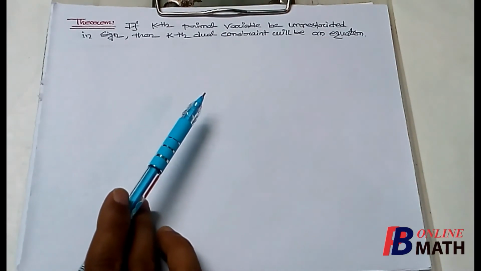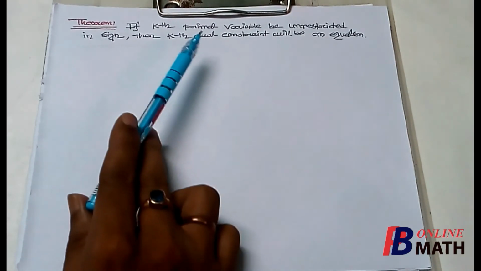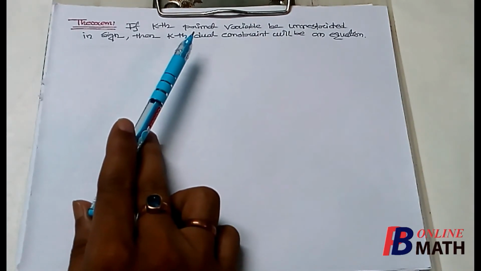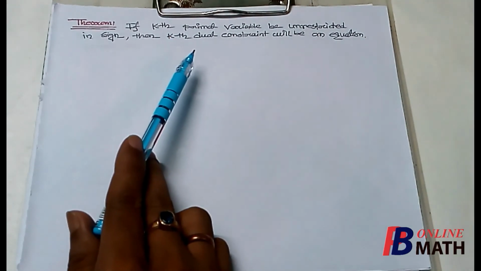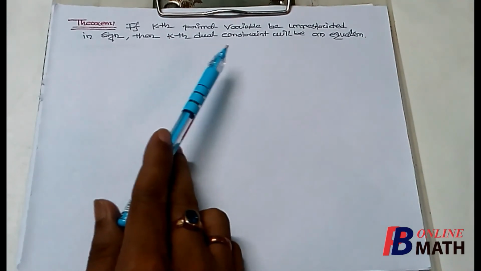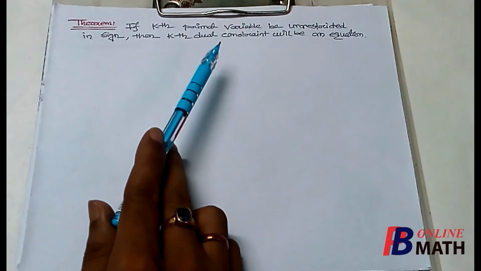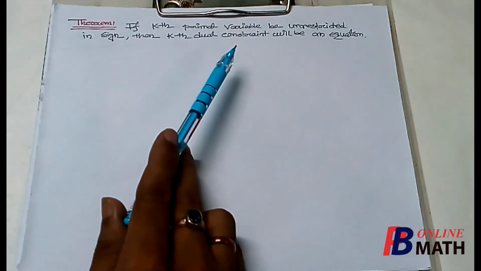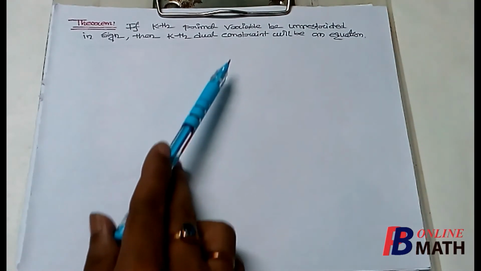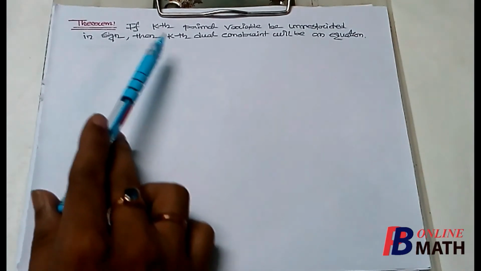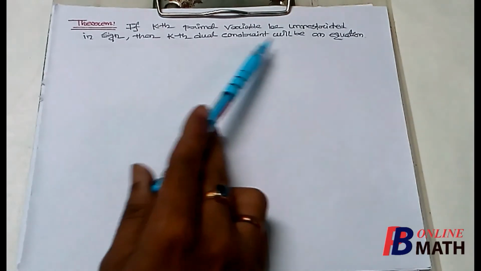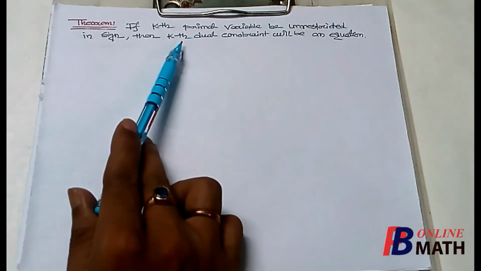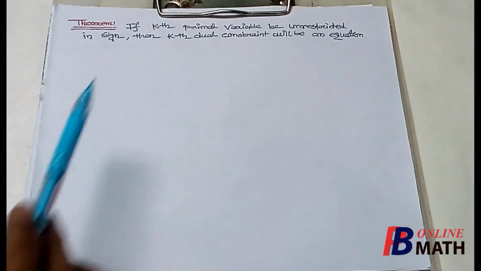Here in the previous problem we have found that the third variable of the primal problem was unrestricted in sign. So whenever we have found the dual, we have obtained that the corresponding third constraint of the dual was an equation. So remember, if in a primal problem the kth variable is unrestricted in sign, then in the dual the kth constraint will be an equation.